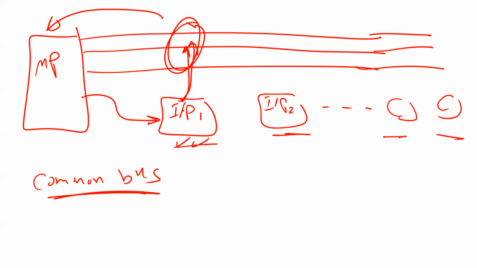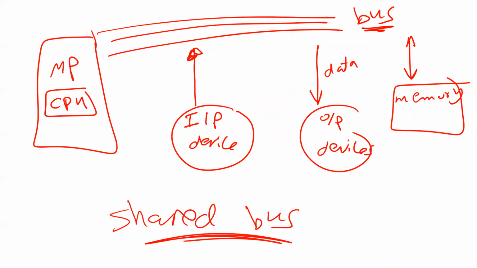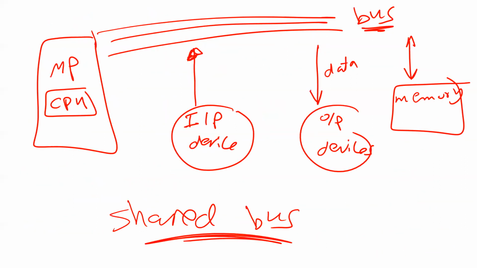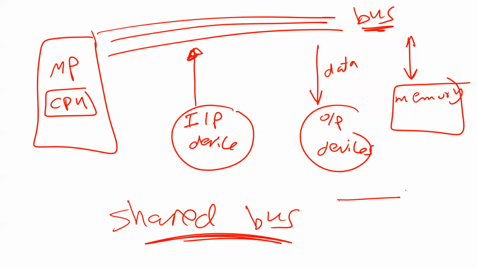So how does this happen? It happens because we have three types of buses. We have the data bus, the address bus, and what we call the control bus.